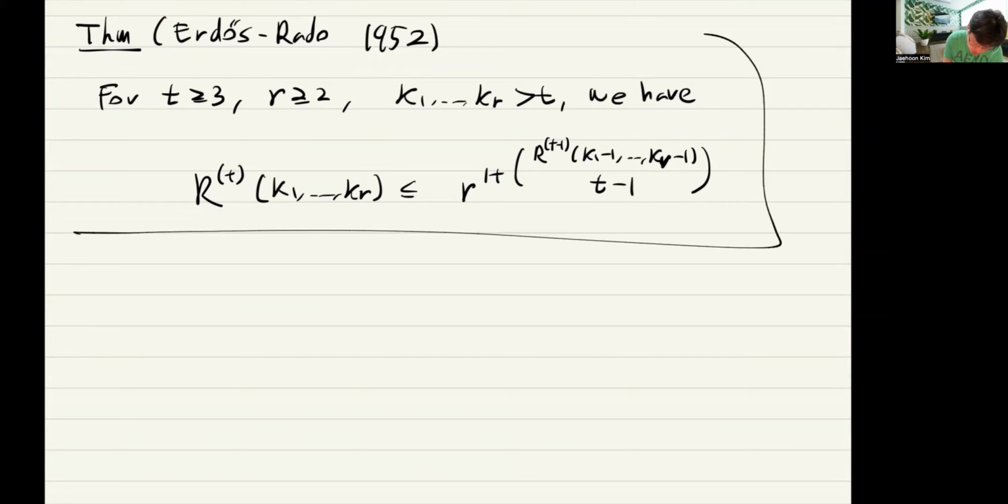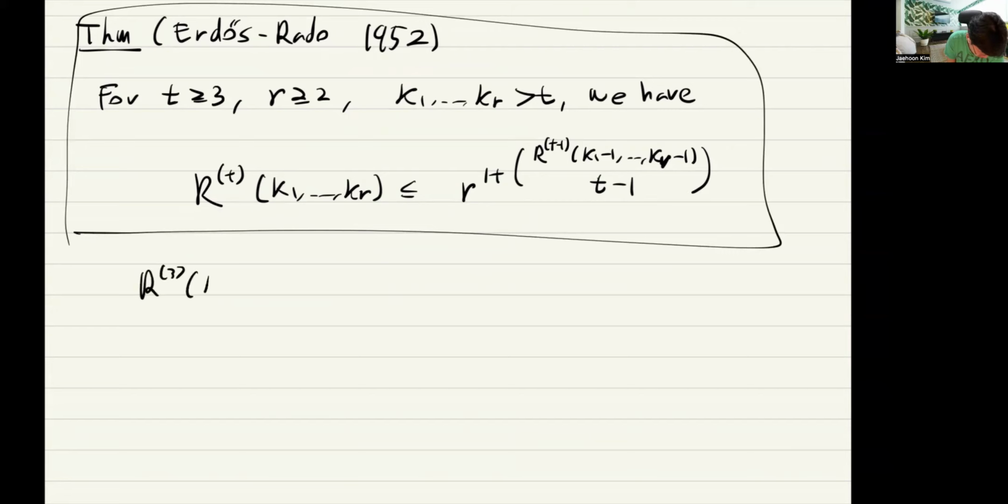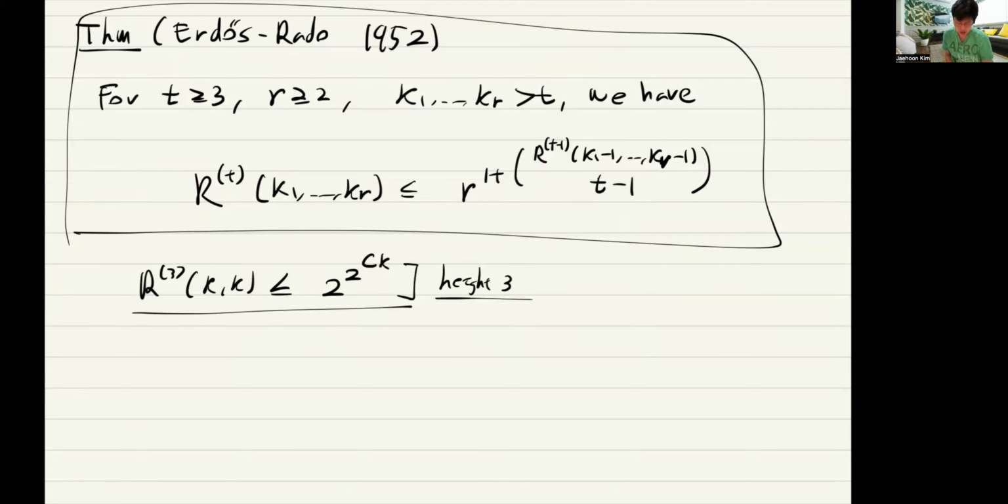And if you repeatedly apply this, then what you get for the three-uniform case is this type, the power function, but the height is reasonable. So a power function of height 3. Now I'm a bit confused on how I defined the height in the previous lecture.